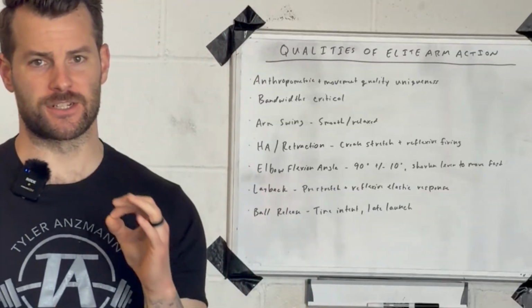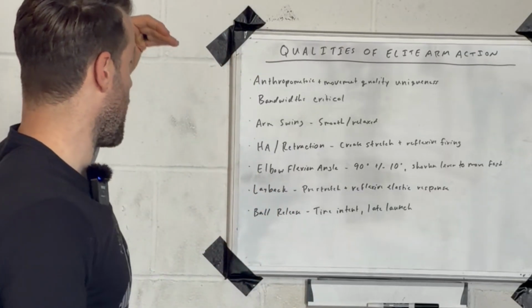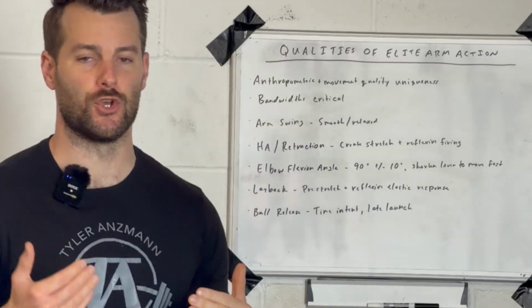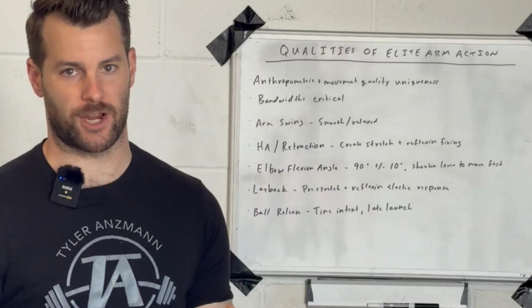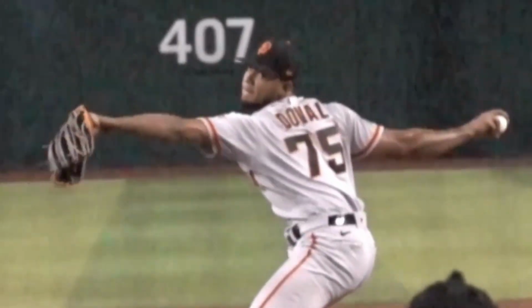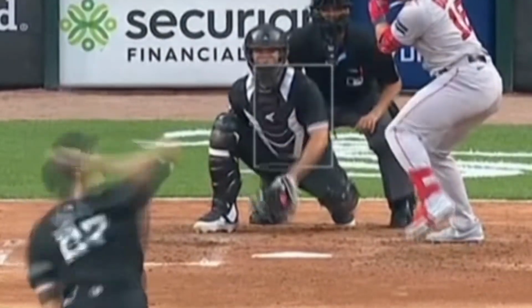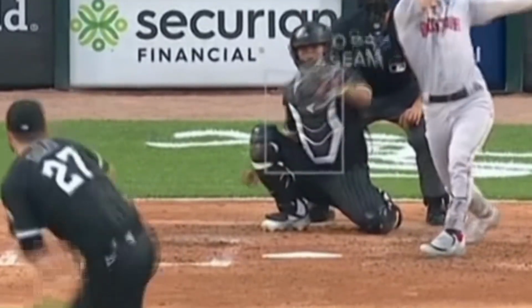So I think the first thing to understand is the anthropometric and movement quality differences are going to lead to unique arm actions, right? If we think about Camilo Duvall versus Lucas Giolito, for example, very, very different arm actions at very opposite ends of the spectrum in terms of short versus long arm swings.